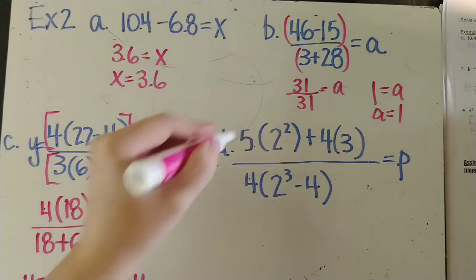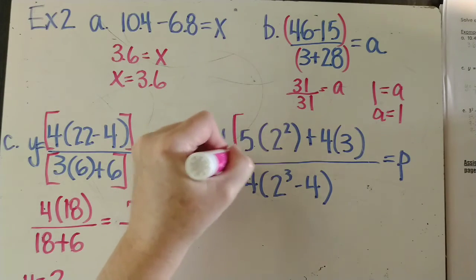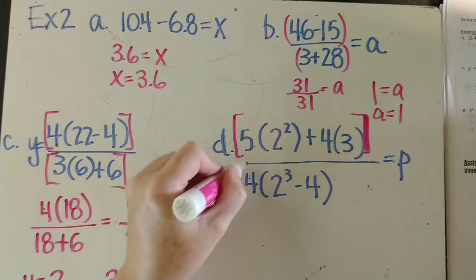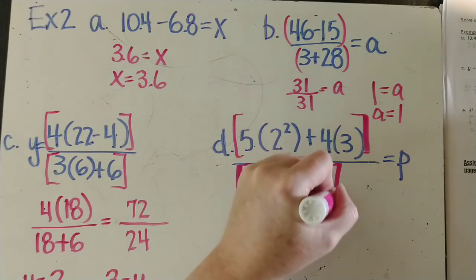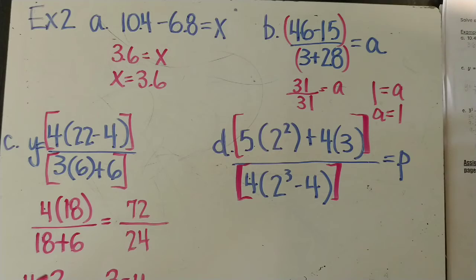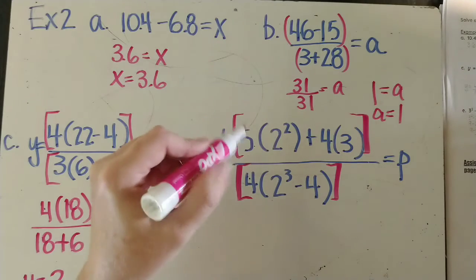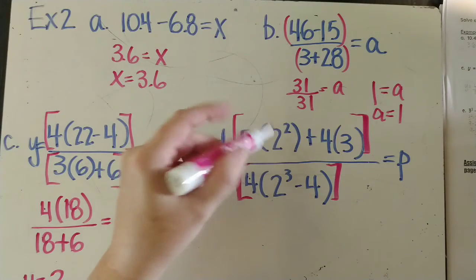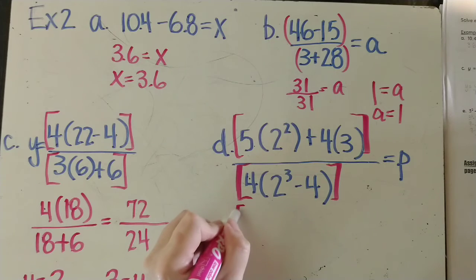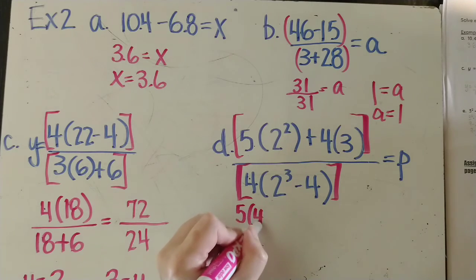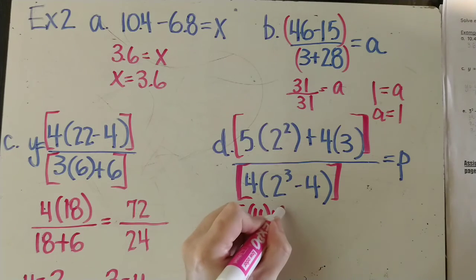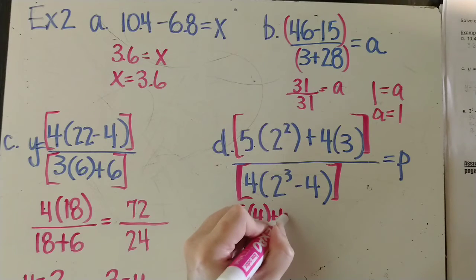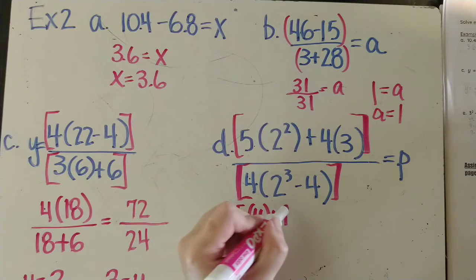We need to simplify the numerator as a group and then simplify the denominator. This one's going to be a little bit longer. So we need to do our exponents first. 5 times 4 plus 4 times 3.